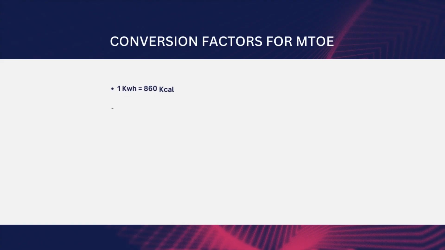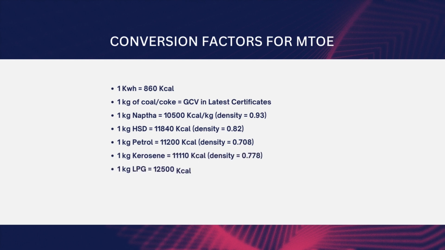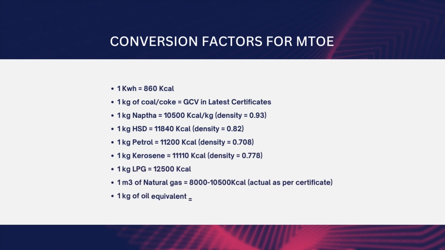So dear learner, now we will see the conversion factors of MTOE, that is million tons of oil equivalent. So 1 kilowatt hour equals 860 kilocalorie. 1 kg of coal or coke equals the gross calorific value in latest certificates. 1 kg naphtha equals 10,500. 1 kg HSD equals 11,840 kilocalorie. 1 kg petrol equals 11,200 kilocalorie. 1 kg kerosene equals 11,110 kilocalorie. 1 kg LPG equals 12,500 kilocalorie.